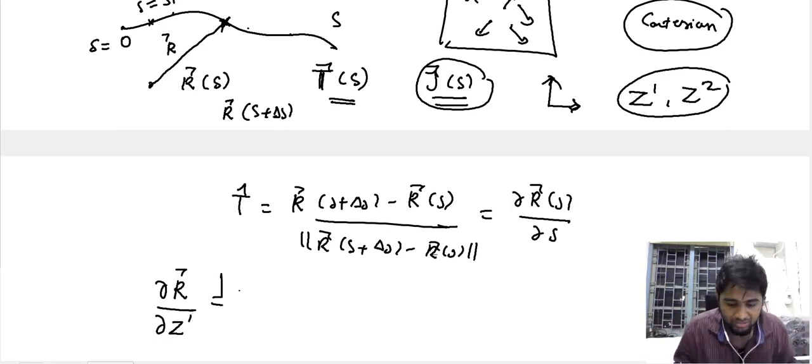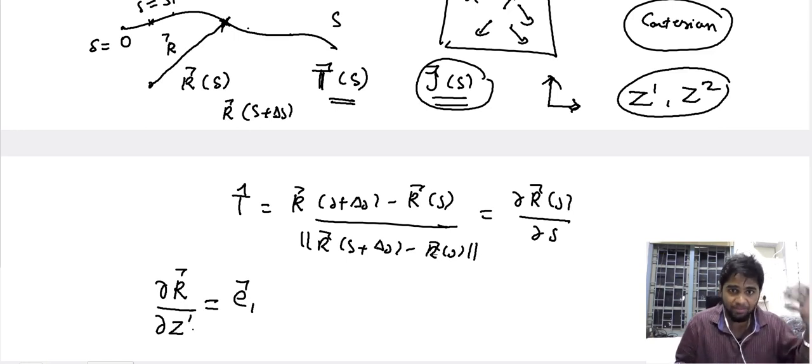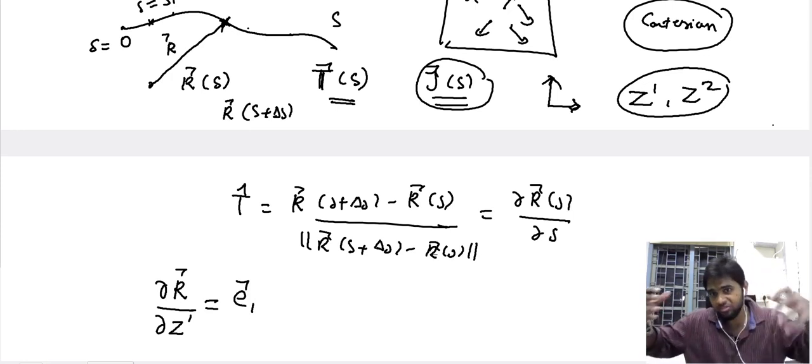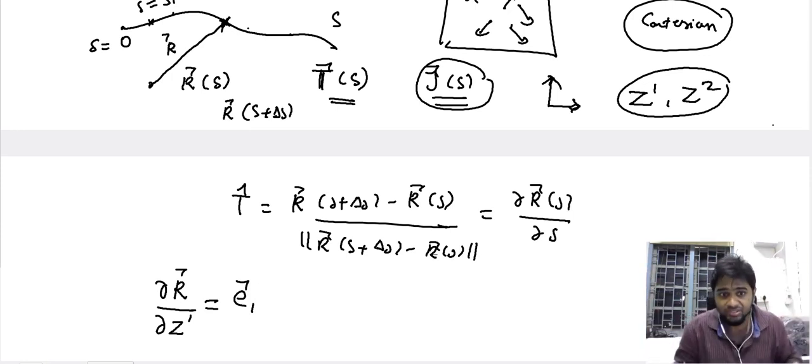This would yield us one unit vector, that is E1 prime. So this x1 can be replaced by x, then it will yield the i vector. This x1 can be replaced with y, it would yield the j unit vector. Now instead of considering x and y, which is Cartesian, we are considering z1 and z2, it can be anything. So what we end up having is a generic unit vector.